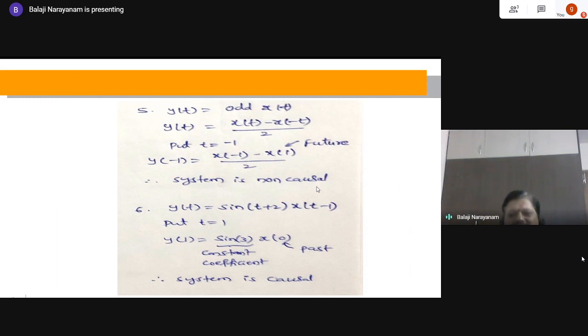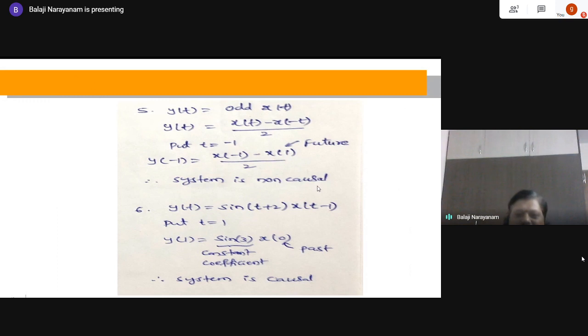Sine of 3 is a constant coefficient, and x of 0 being the past value, the output is not dependent on any future values.